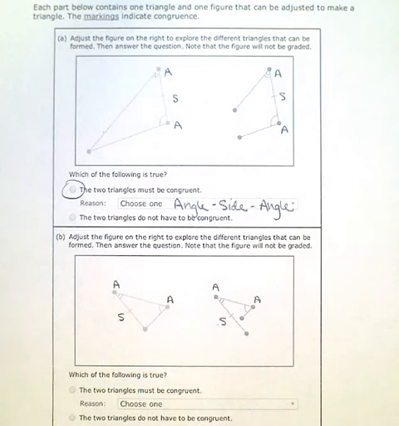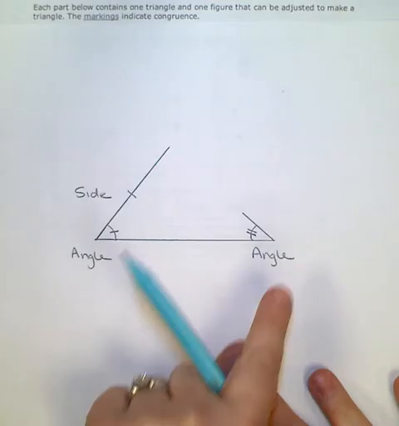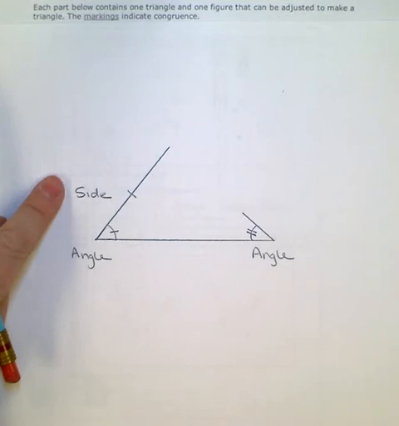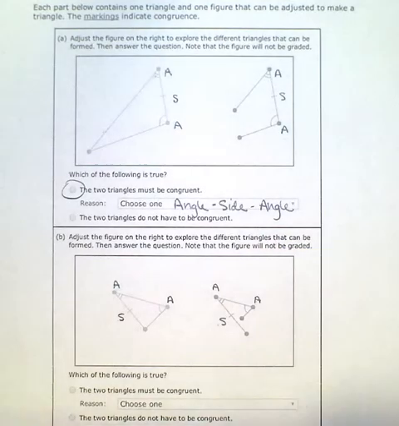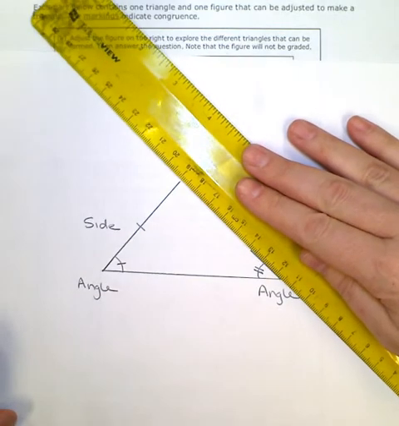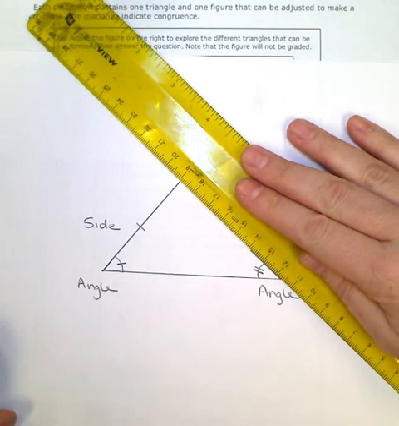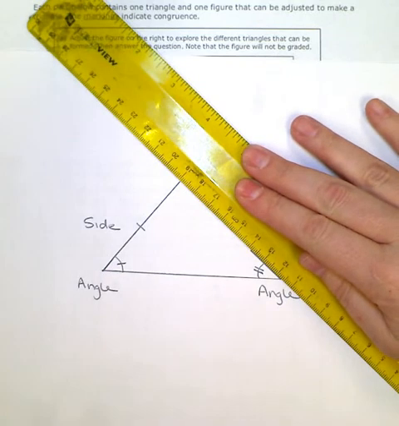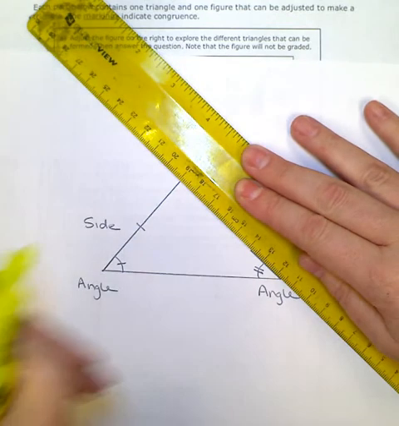And again, you can play around with this to see if you can make two different triangles given that those three pieces have to stay fixed. So I have a little drawing here of angle, angle, side congruence. And if you play around with your manipulative here, you will see that there really is only one way to finish out this triangle, that you're never going to be able to make any other triangles here.